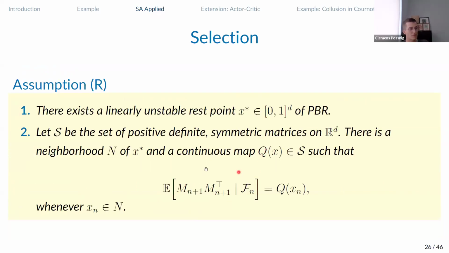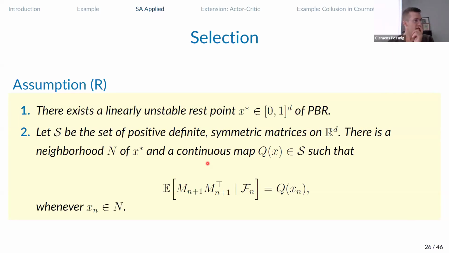There is a partial converse to that. It requires one more assumption, though. So suppose that there is a rest point of the ODE that is not an attractor. It's an ICT set because all rest points are ICT, but it's not an attractor. It's a linearly unstable rest point. That means that it has at least one direction in the space along which the ODE repels from that rest point.